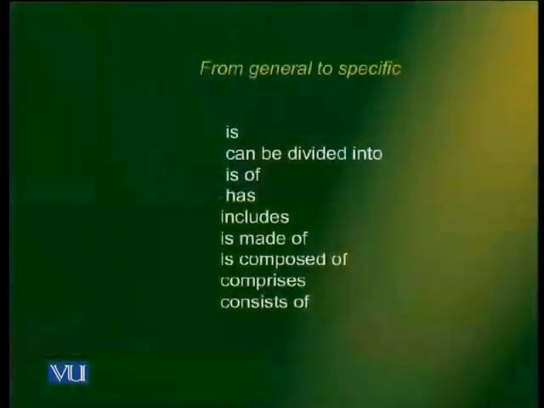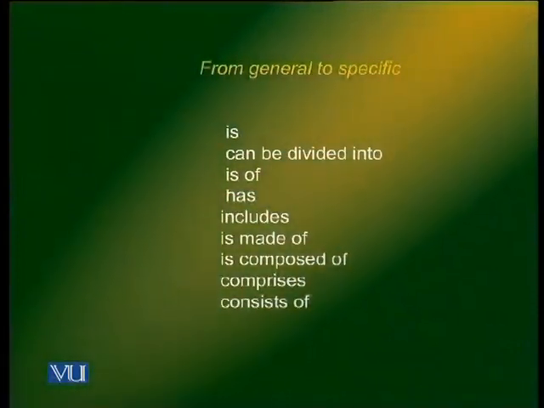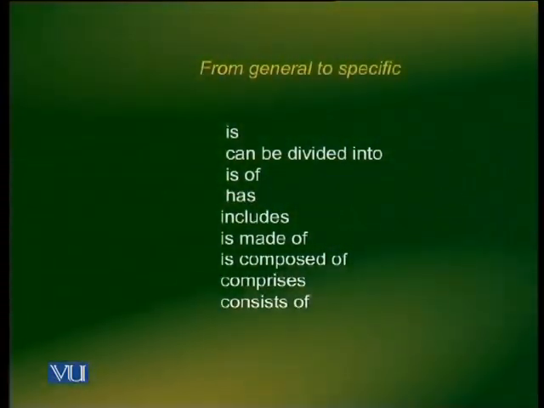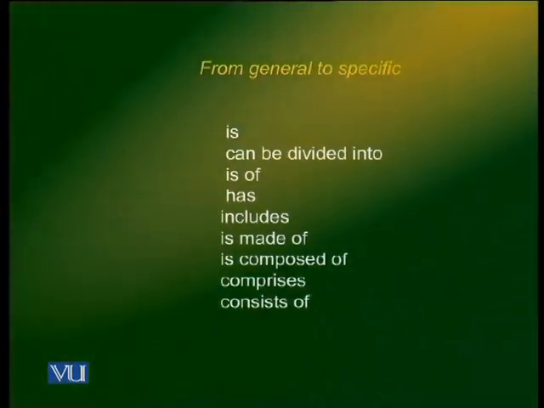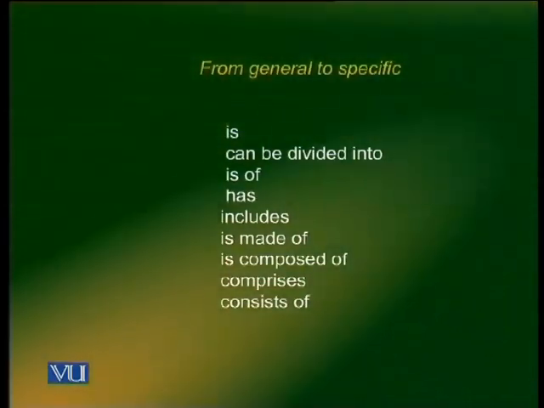Now, in English, there are ways of showing, of doing this. Classification is a process of bringing order out of confusion by breaking things down to the general topic into closely related parts in a logical way. Now, one way of doing this is by going from general to specific. Now, there are several ways of expressing each of these relationships.